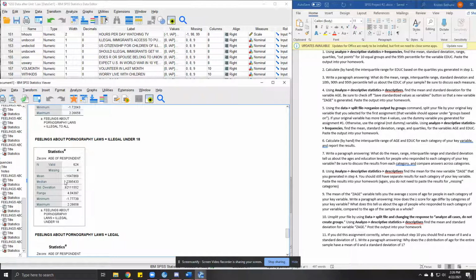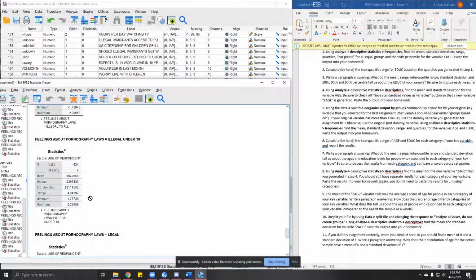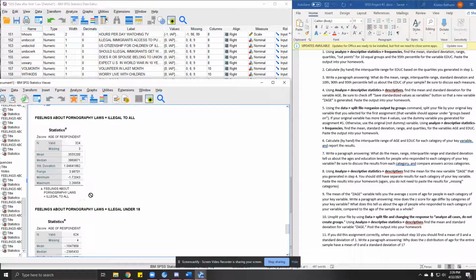People that think that porn should be illegal for folks under 18, but legal for folks over 18, that's slightly younger than the average. And similarly, I find the same thing for people who think porn should be legal. So people who think that porn should be illegal under all circumstances are slightly older than the rest of the sample. Again, interpret this. Tell me what this means in terms of what we're actually looking at.